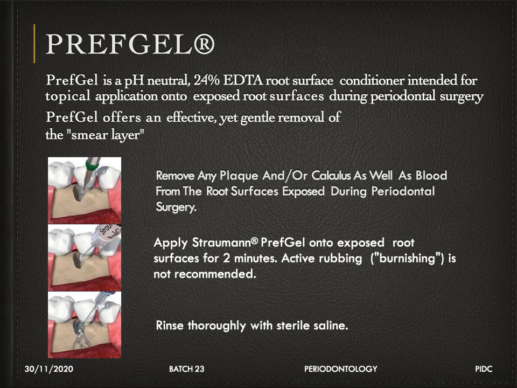That depends on the site, whether it is a 1 wall, 2 wall or 3 wall defect. Studies have shown that there is better regeneration after the use of this material. This is one of the advanced, commercially available materials which can be used for periodontal regeneration.